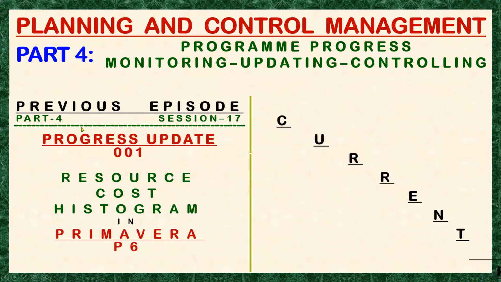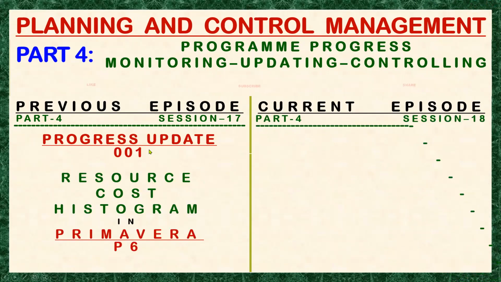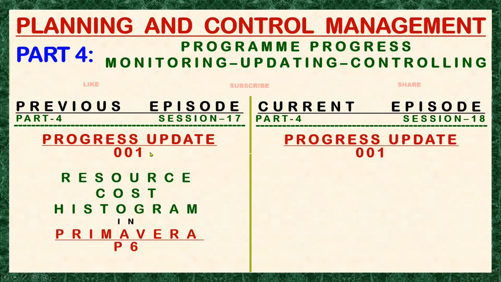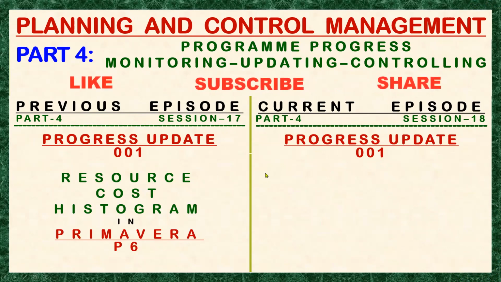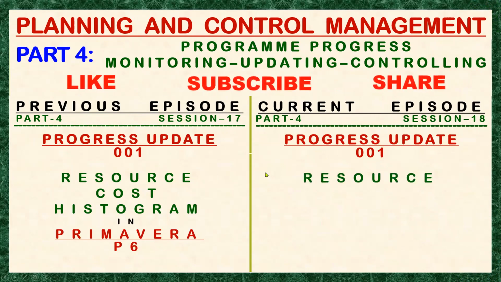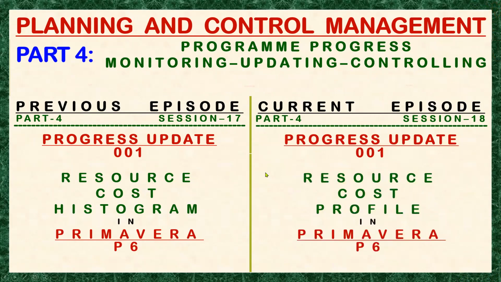Our previous episode was Part 4, Session 17. For Progress Update 001, we discussed the resource cost histogram in Primavera P6. And now, our current episode, Part 4, Session 18. We will be discussing a resource cost profile in Primavera P6 for our Progress Update 001.